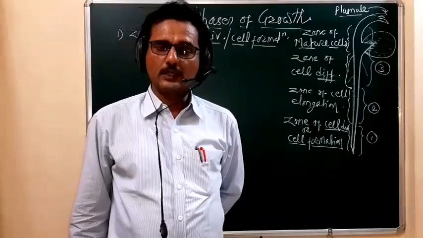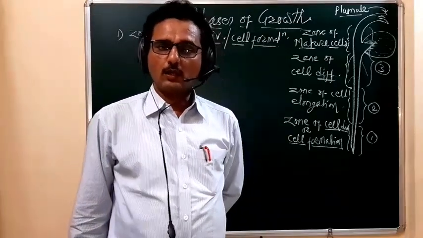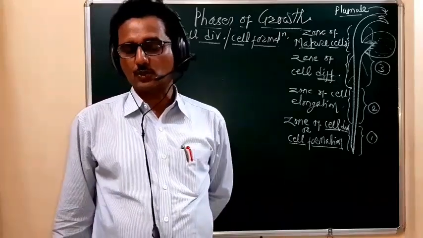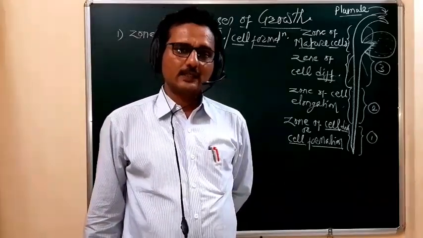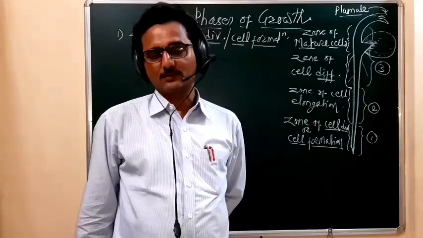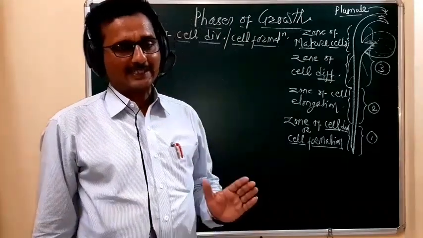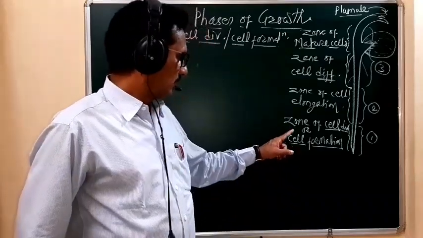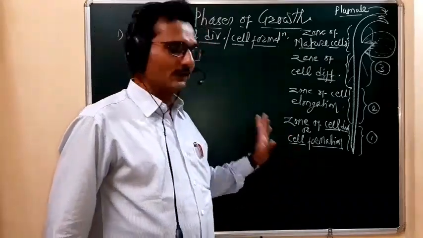In the previous lecture we saw the various sites of meristematic tissue, and on the basis of site, there are three different types of meristems. At that site we observe this zone of cell division, or cell formation.